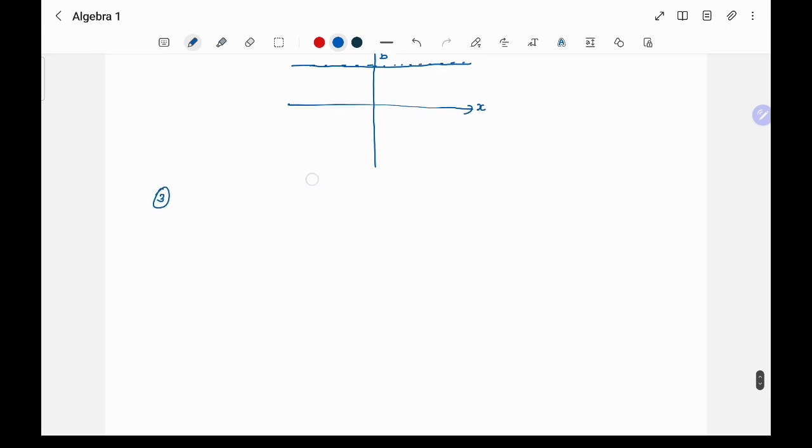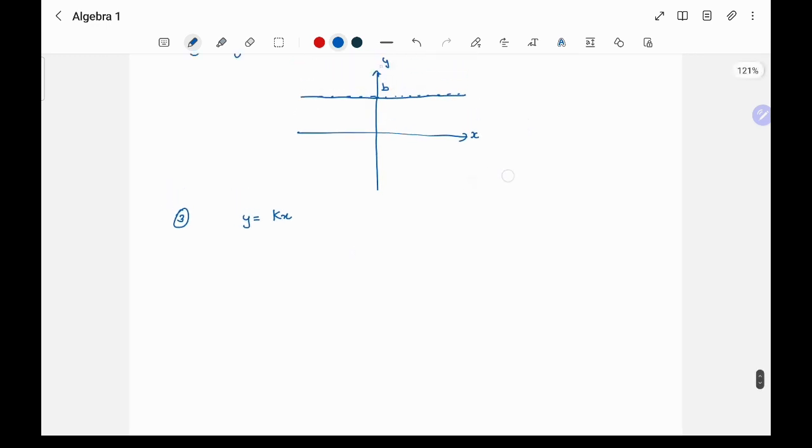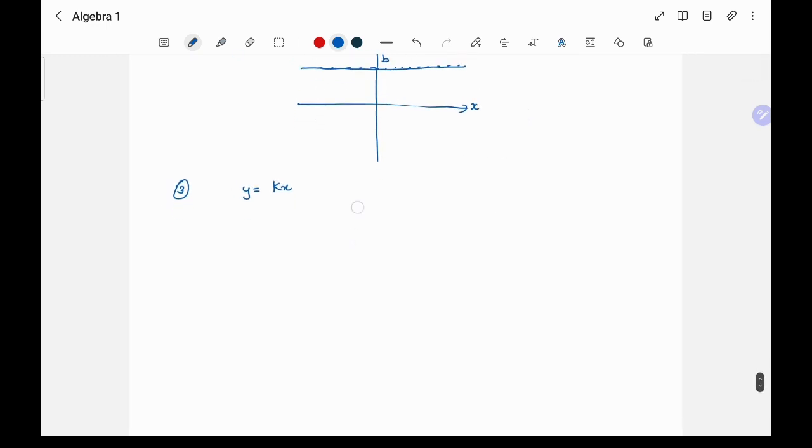Next is y equal to kx. You see, y and x are proportional, directly related by a constant k. In this case, we can write a table of x and y. For negative numbers, at -2 we have -2k, at -1 we have -k, at 0 we have 0, at 1 we have k, at 2 we have 2k, and so on.